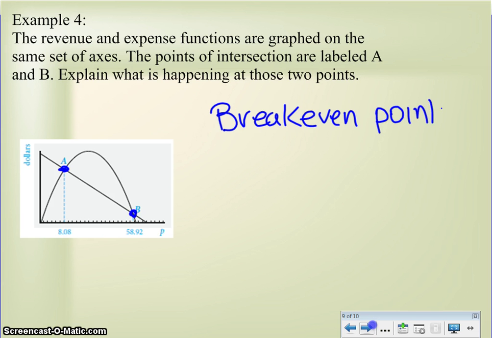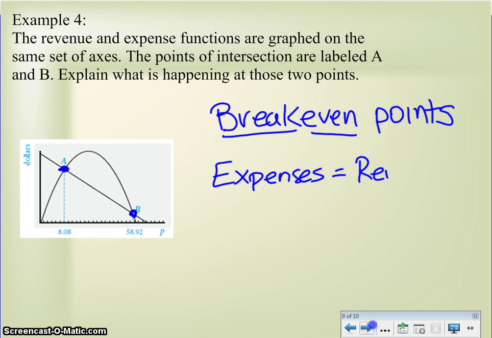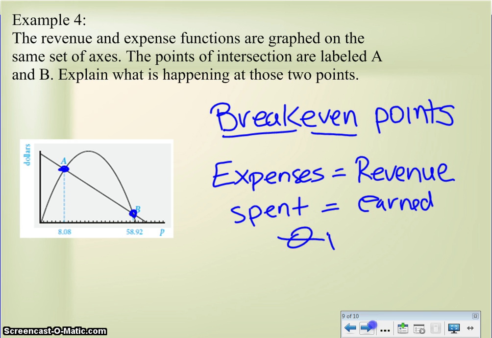And just like it sounds, it's where you break even. It's where your expenses equal your revenue. How much you've spent equals how much you've earned. At either of these break-even points, there has been zero profit.